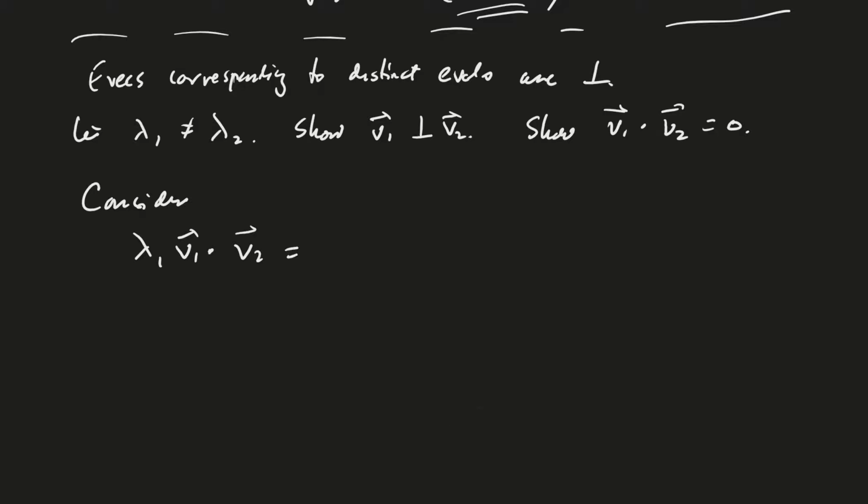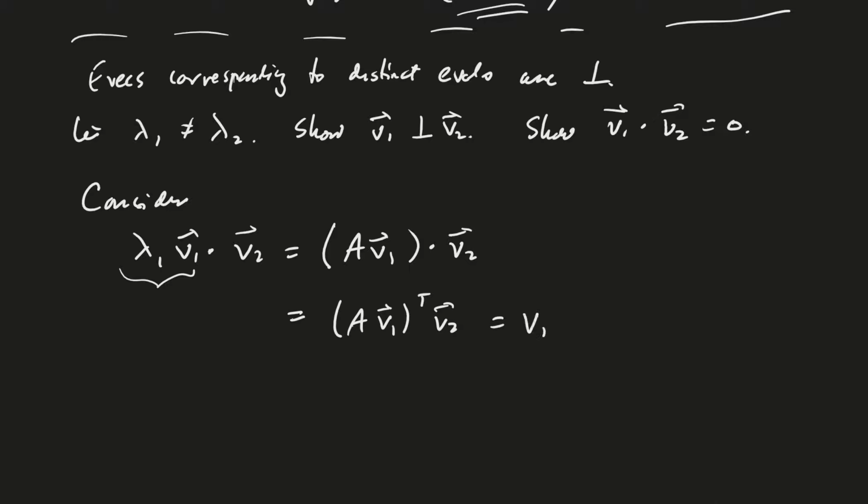I threw in this lambda 1 here because we can now substitute this in for my matrix A. That's AV1 dotted with V2, and the dot product is the transpose, so that's AV1 transpose times V2. When you take the transpose of the product, you have to go in reverse order. So that's V1 transpose A transpose V2. And here it is.